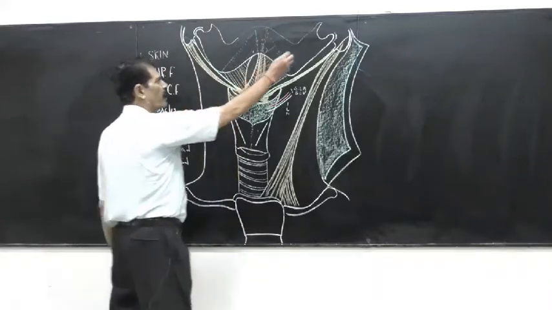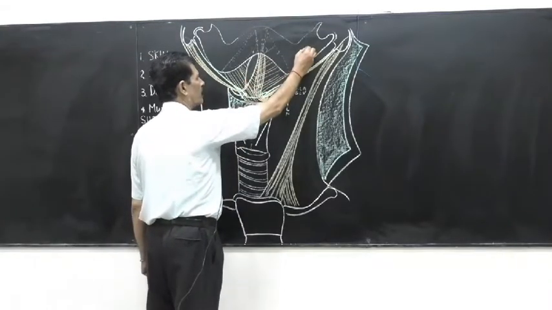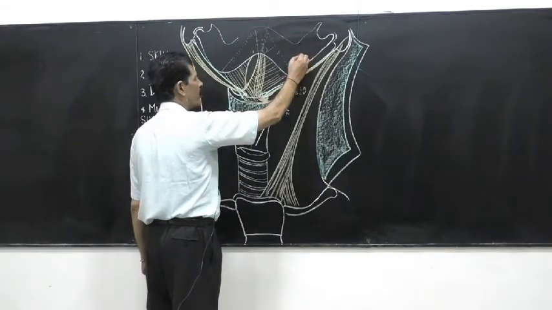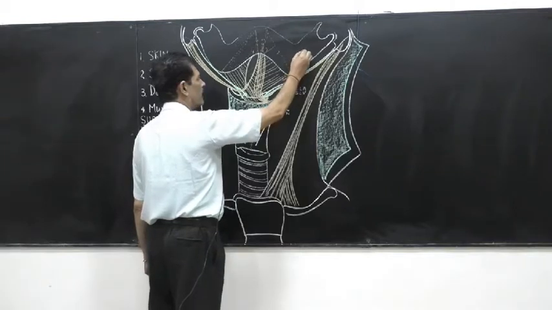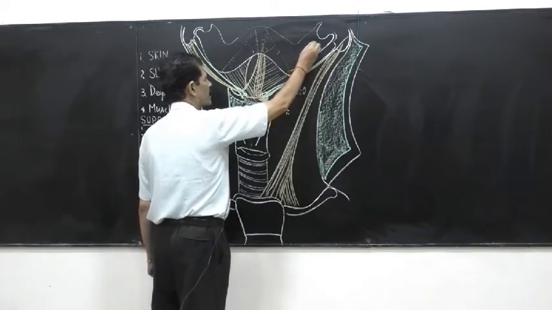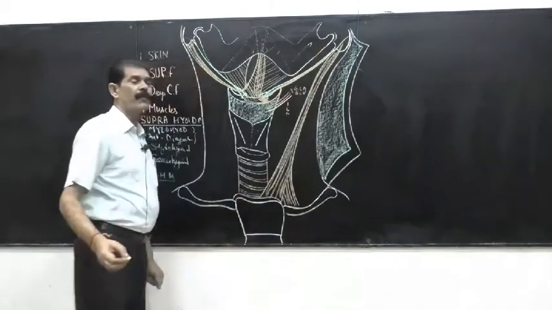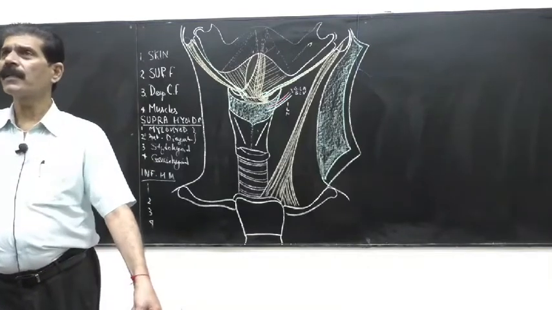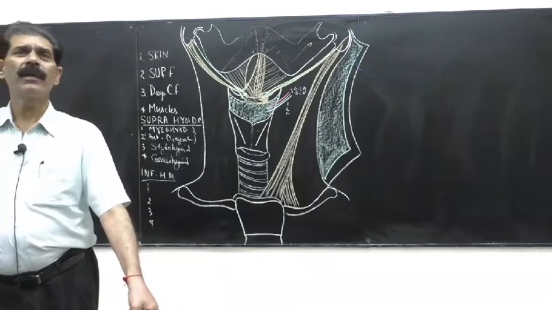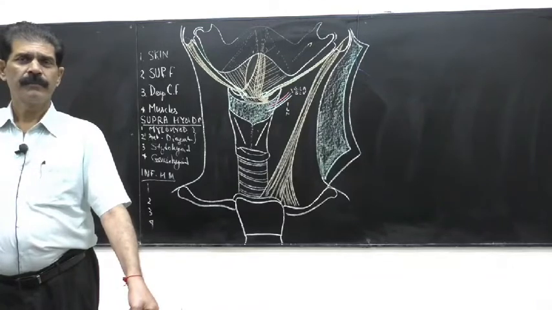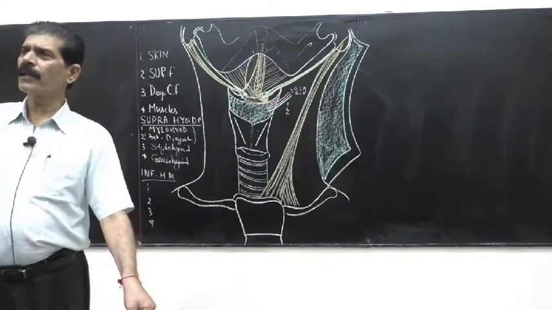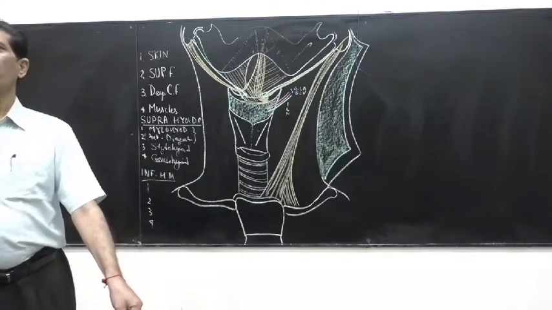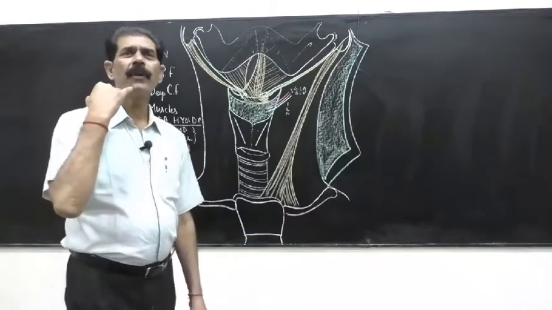From the mylohyoid groove comes the inferior alveolar nerve. The mylohyoid groove starts from the lingula of the mandible, which is present near the mandibular foramen. If you put a thin wire in the mandibular foramen, that wire will come out through the mental foramen.